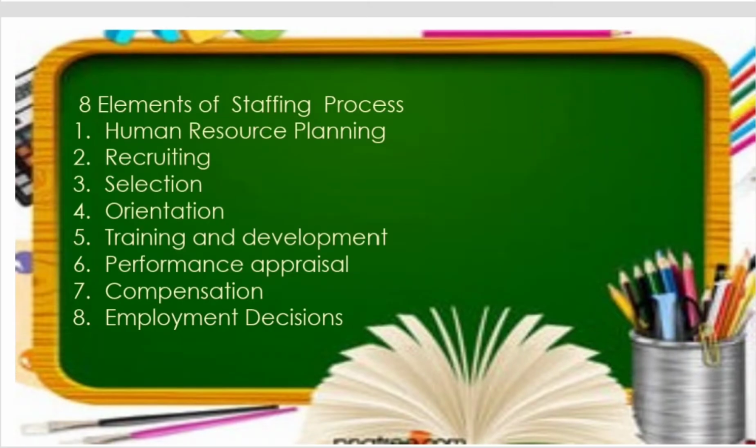We have the 8 elements of staffing process. First is the human resource planning. Assessing current employees, forecasting future needs, and making plans to add or remove workers. That is the duty of the human resource planning.